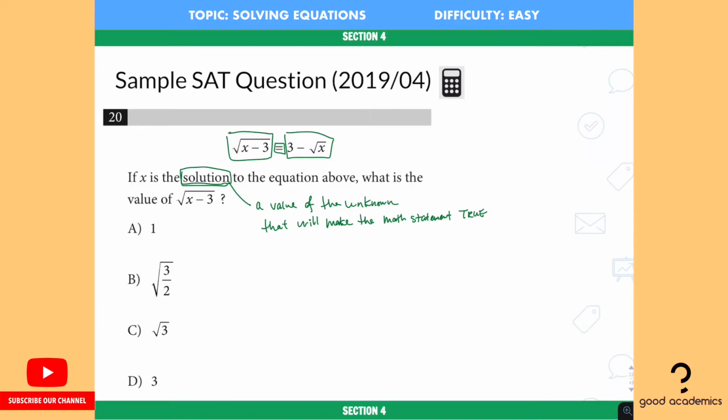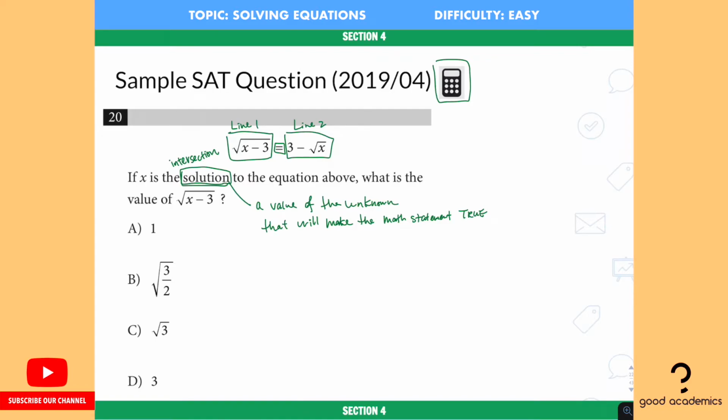So remember that this is a Section 4. You can use a calculator, and when we find a solution, that is basically asking the question of, hey, where's the intersection between these two lines? This is like line 1, this is like line 2. Can we go ahead and plot the graph and say where they intersect?